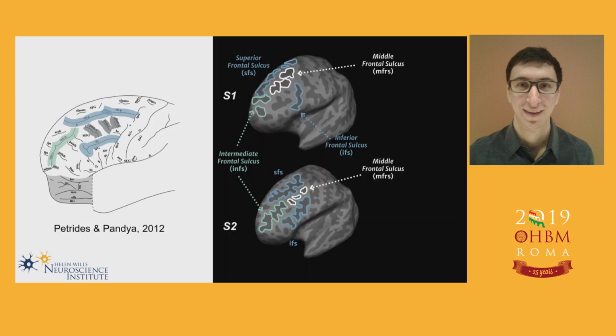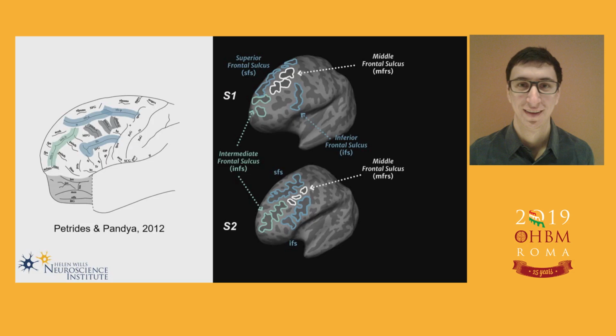Here are shown 2 example left cortical hemispheres. We first identified the prominent central and precentral sulci in each frontal lobe, and from there did detailed manual outlining of the remaining sulci in the frontal cortex. We started first with the large primary sulci, shown here in blue, the superior frontal sulcus and the inferior frontal sulcus.